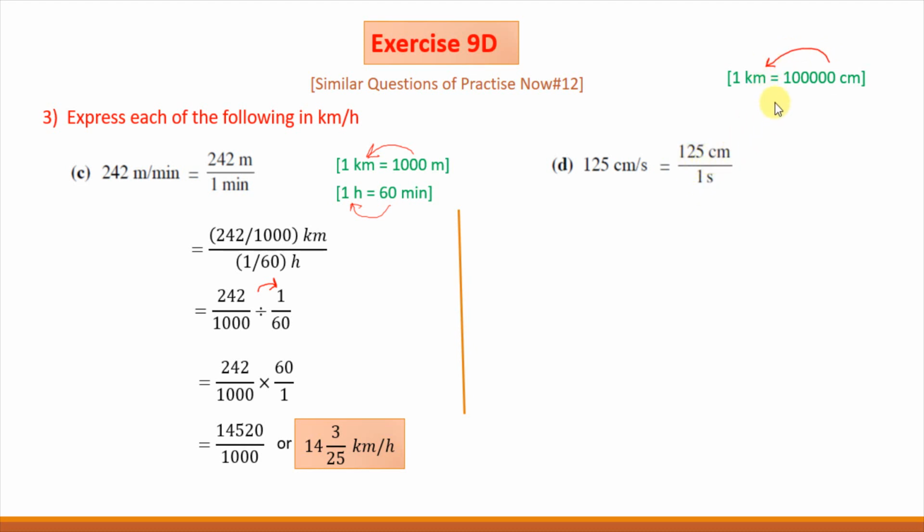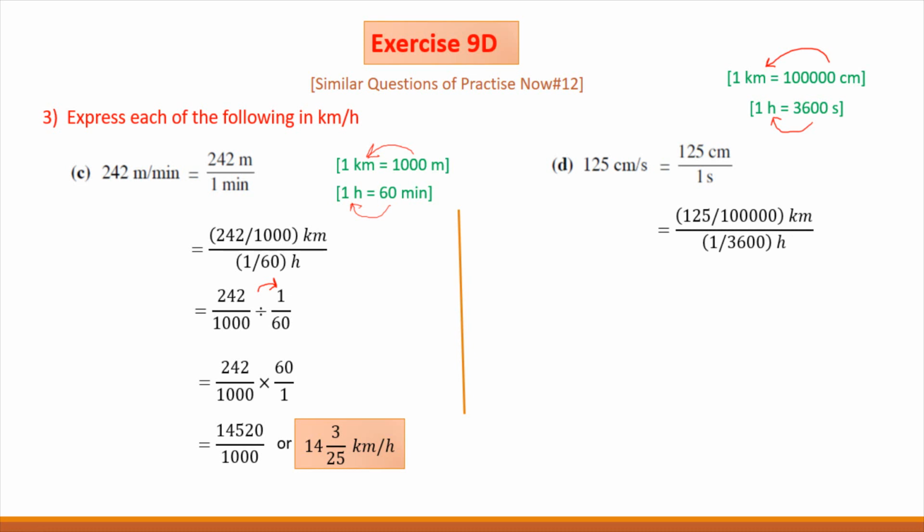So 125 divided by 1 lakh kilometers, and we know that in 1 hour there are 3600 seconds. So when we convert the seconds into hours, we will divide. So 1 divided by 3600.